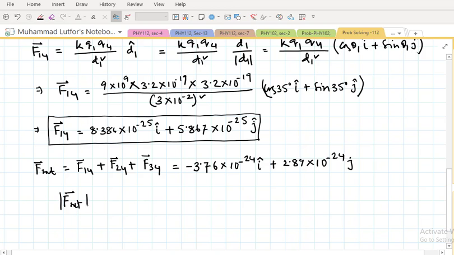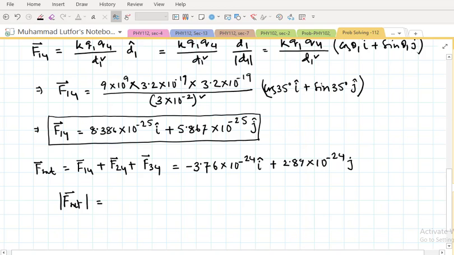The magnitude would be the square root of 3.76 into 10 to the minus 24 squared plus 2.89 into 10 to the minus 24 squared.